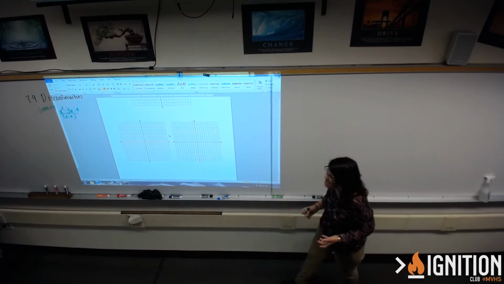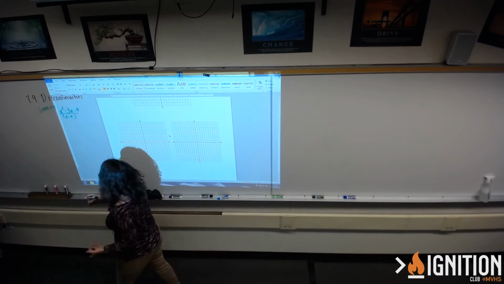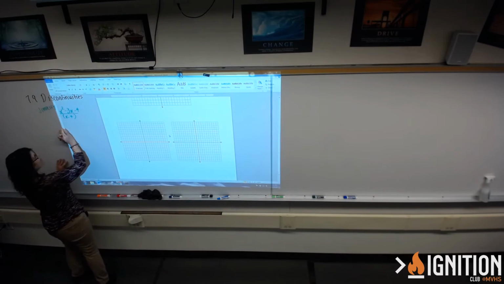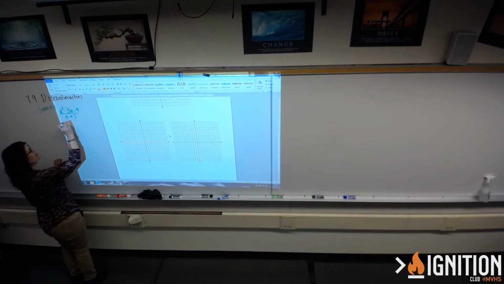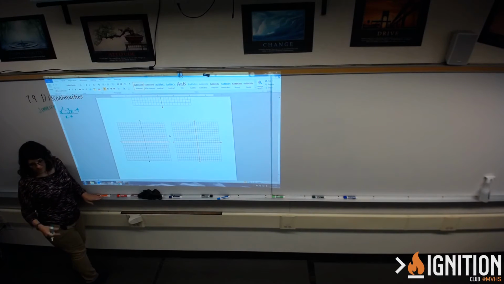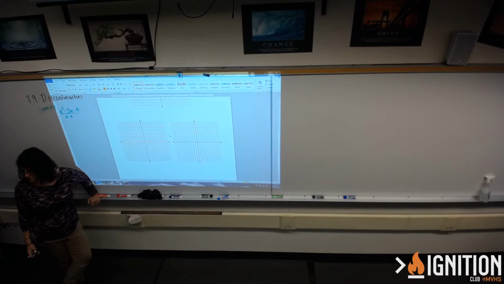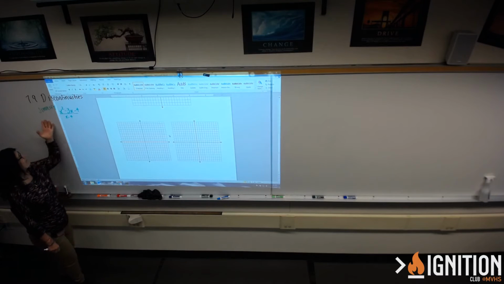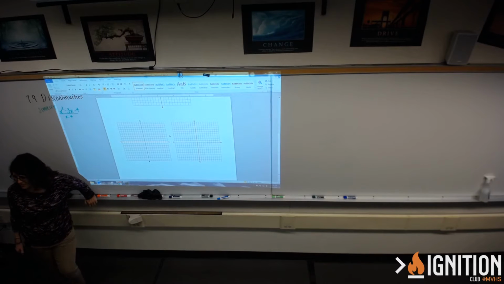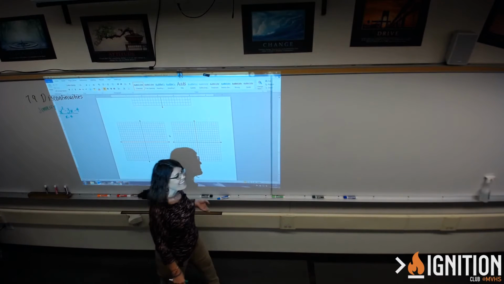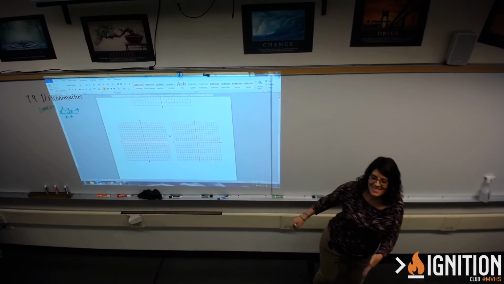You know, I technically don't need parentheses around the x minus 4. I just put them in because I'm used to it. Can you please simplify?